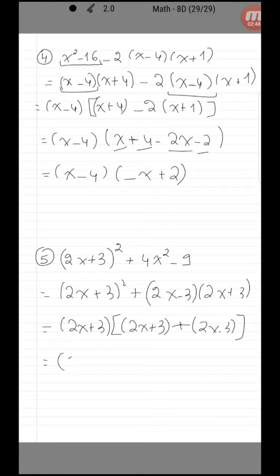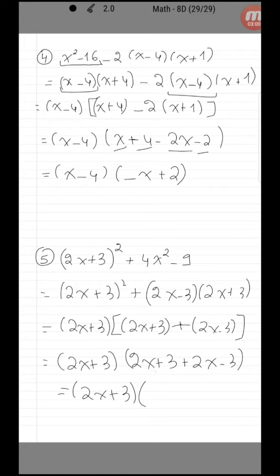Now I develop inside brackets: 2x plus 3 plus 2x minus 3 equals 2x plus 2x is 4x, plus 3 minus 3 is 0, so I'm left with 4x, and I'm done.